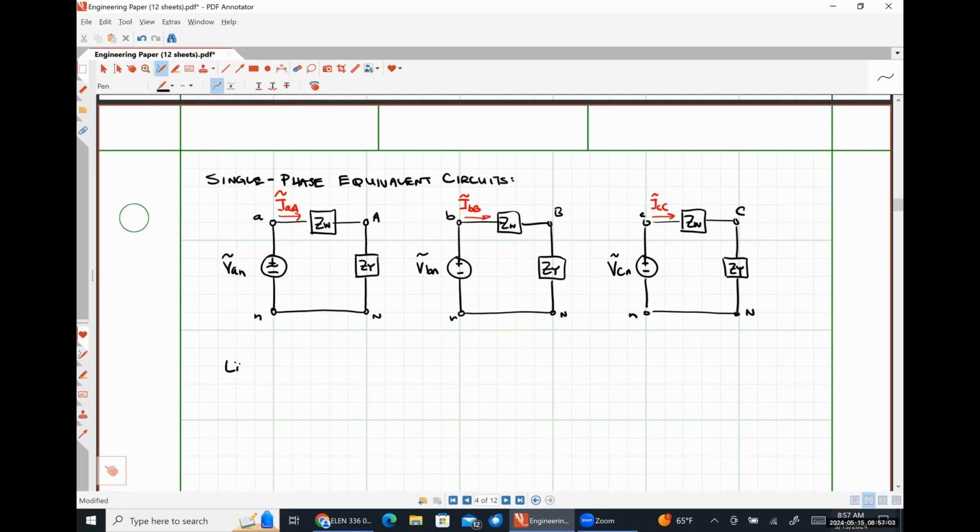So I'm just going to put a note here. Line currents. And then just for the sake of argument, let's talk about how we would do that. Somebody tell me how we would solve for the line current if we knew VAN, ZW, and ZY.